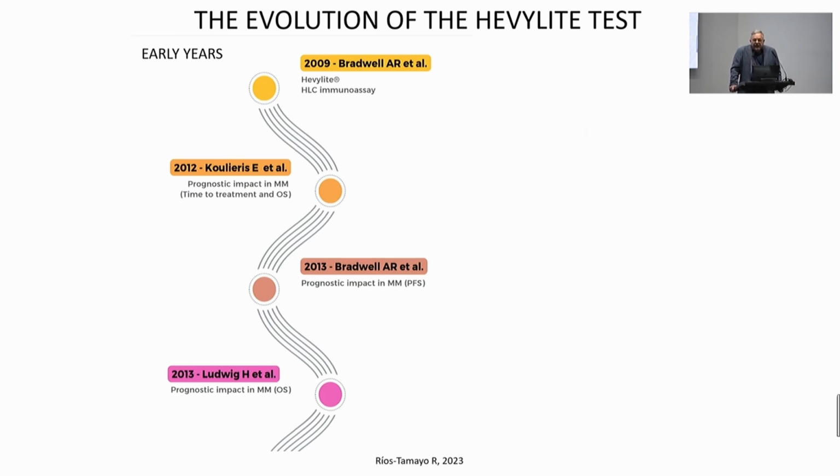In this timeline, we can see the evolution of the Hevylite test. It was first described in 2009 by Dr. Bradwell. Thereafter, several studies demonstrated that the test had an impact on survival, both overall survival and progression-free survival.